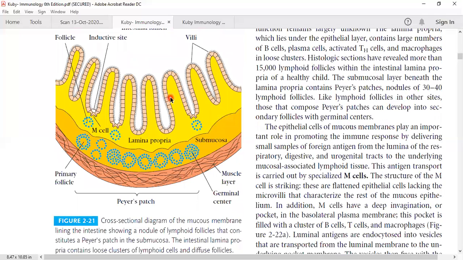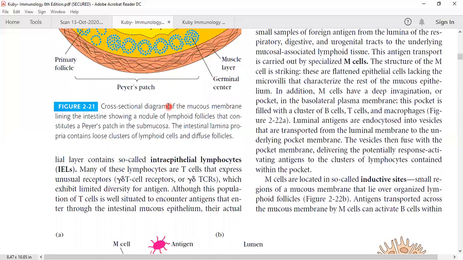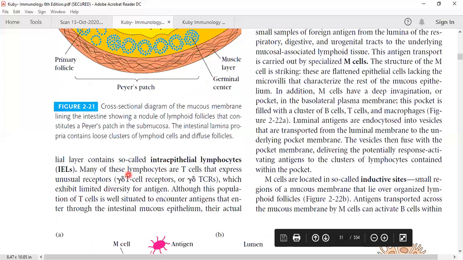They have a different type of receptor called gamma delta receptors. Many of these lymphocytes are T cells that express unusual receptors. They are not having alpha beta receptors, they have gamma delta T cell receptors, or TCRs. Therefore, they are different, and they exhibit limited diversity for antigen.